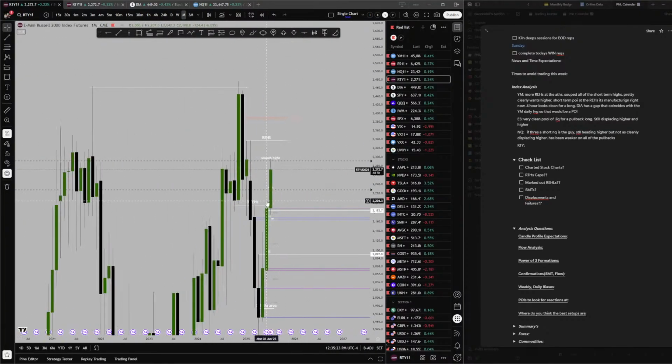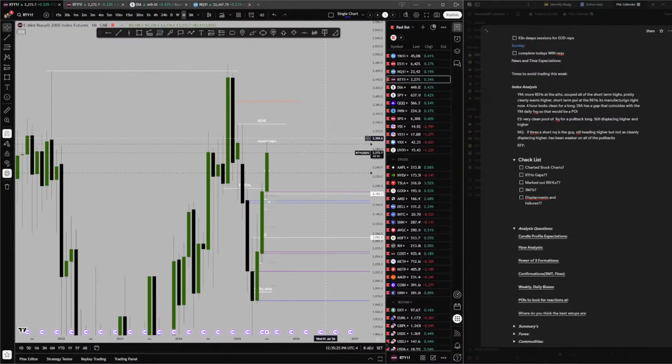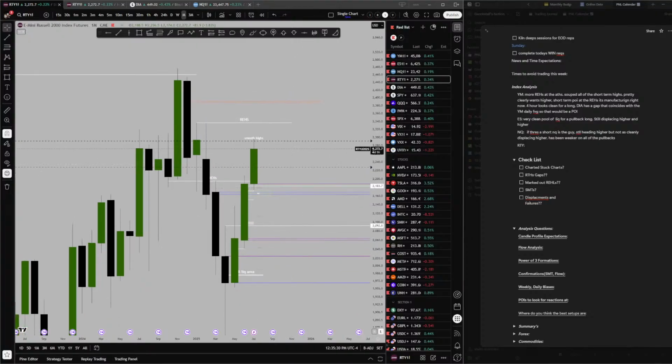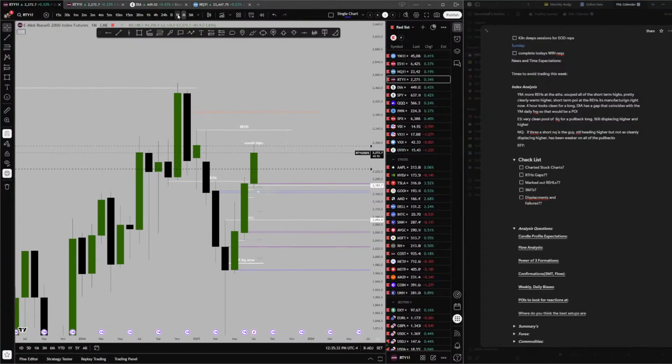Monthly. We're going to have to update a lot of this, but we just have to push through it. All right, monthly, displacing higher on the monthly here. Just going to go ahead and mark it out.